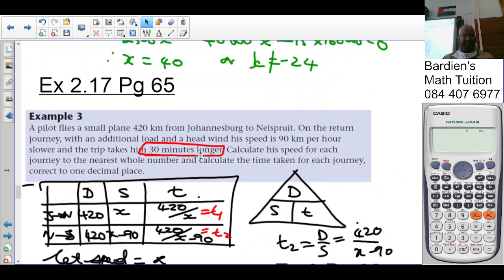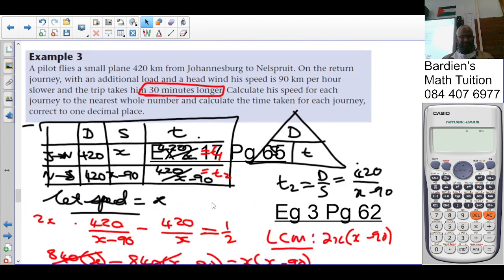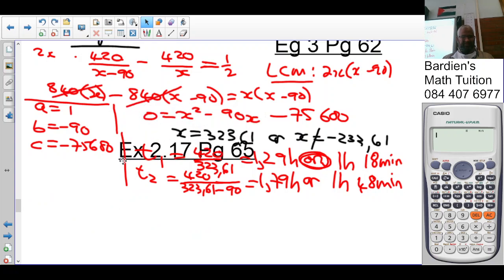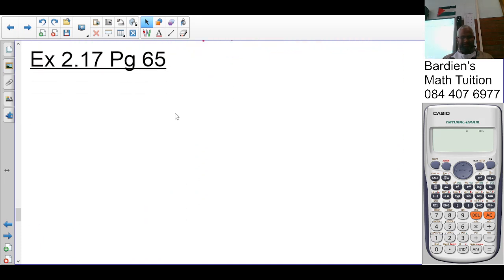So this is exercise 2.17. Number 5, no? And 10. Okay, so we're going to do 5 first and then afterwards do 10.